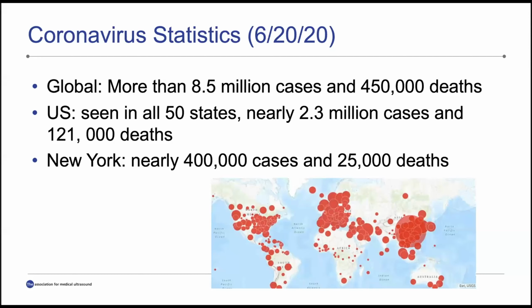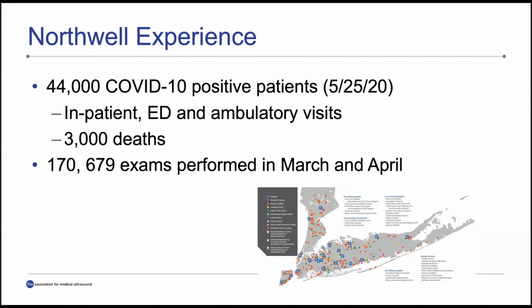Now, I currently practice at Northwell Health, and Northwell Health is comprised of about 21 hospitals and multiple office practices, urgent care and imaging centers throughout New York and Long Island. And we've seen over 44,000 patients with the COVID infection.